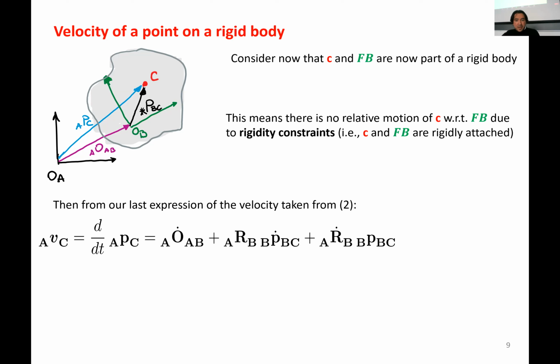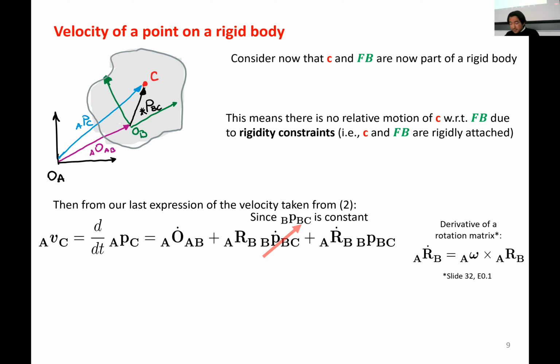So let's rewrite the expression from the derivative taken from expression 2, copying from the previous slide. What's important to note here is that because there's no relative motion between these two, this term will become 0. So this term goes away.